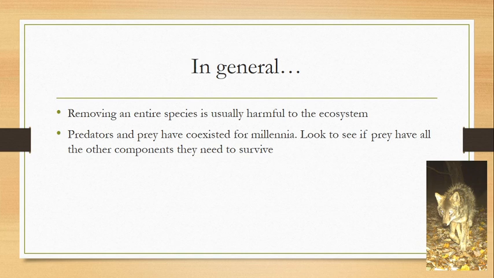If you're having a problem with the number of prey in your area, so let's say you're a rabbit hunter and you find that rabbit numbers are down, look and see if they have all the components they need to survive before you just start automatically blaming predators. So let's say I do not have adequate cover for rabbits and they're dying of exposure.